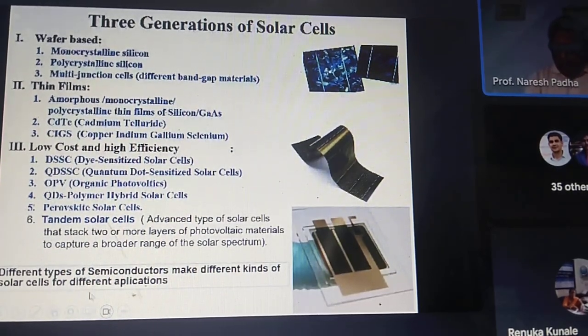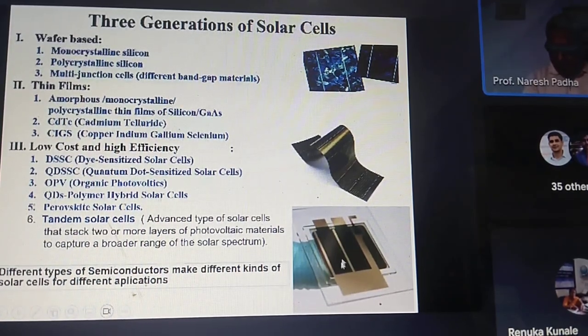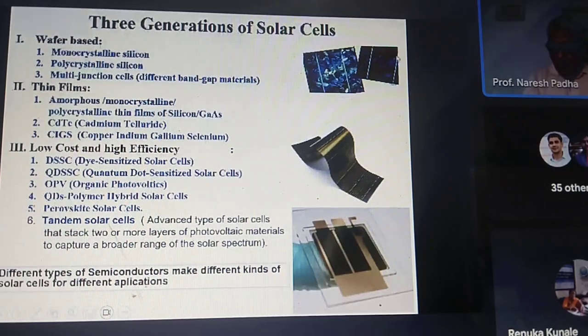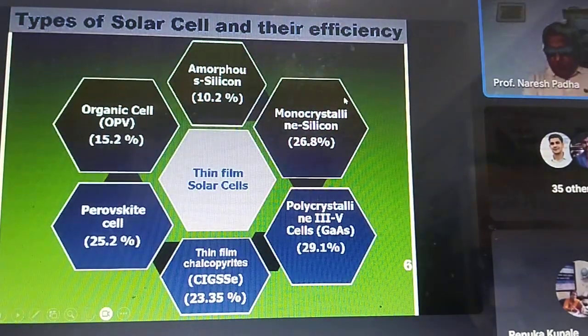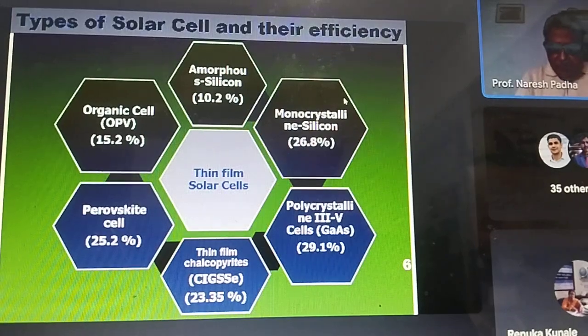So different types of semiconductors make different kinds of solar cells for different applications. See the flexible one, this perovskite one, this wafer based one, so everything is there.